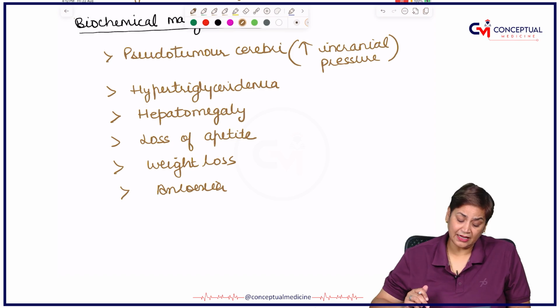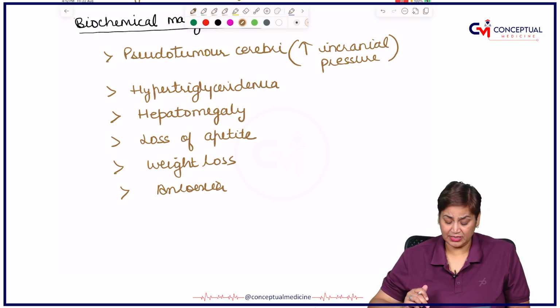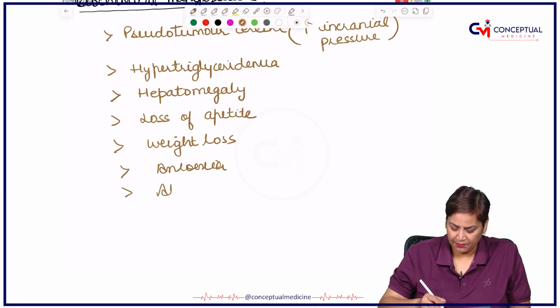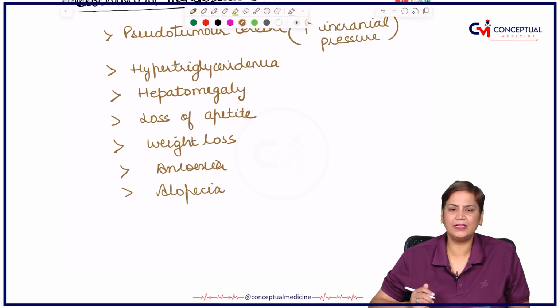So I can say that vitamin A toxicity will lead to pseudotumor cerebri, hyperlipidemia, hepatomegaly, loss of appetite, anorexia and alopecia also sometimes. So in some patients alopecia has also been observed. There is loss of hair. Okay. So this is vitamin A.